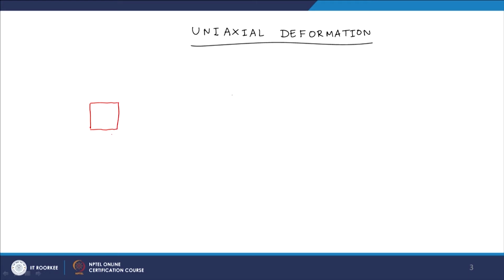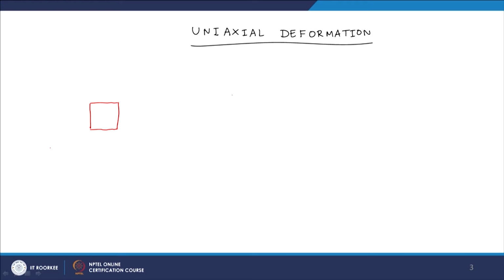Okay, so let us now talk about another type of deformation that is called uniaxial deformation. And the idea here is the following. We again start with a material. Again, I am not doing it in the perpendicular direction.